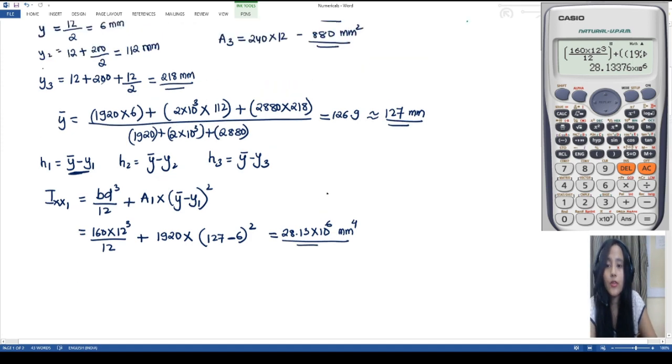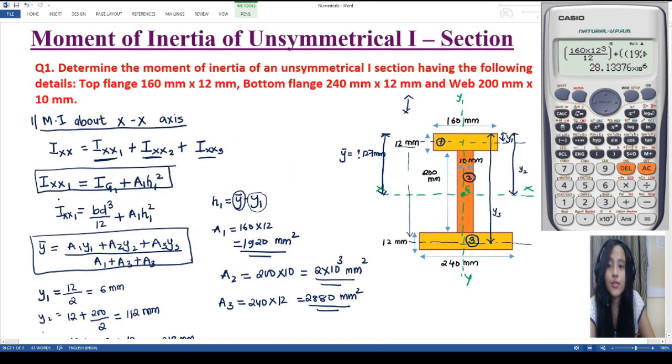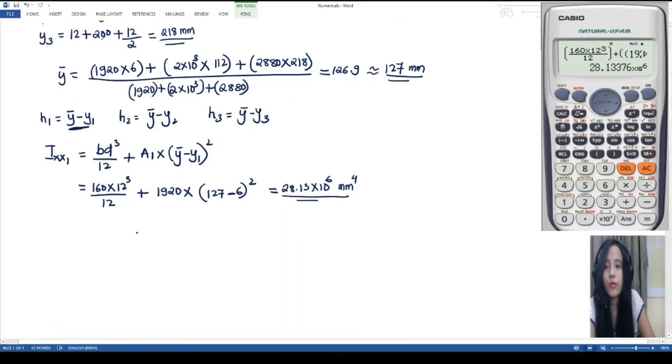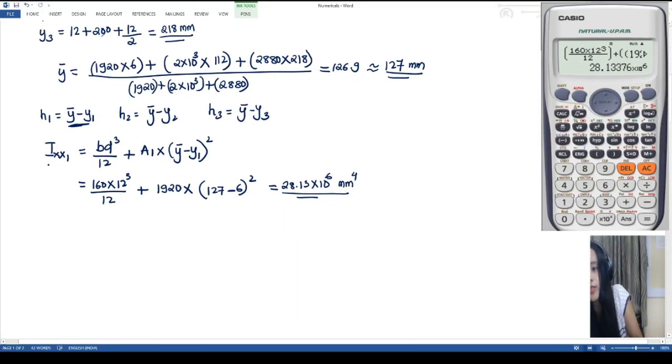Similarly, I want to find Ixx2 also. This Ixx2 will be for this orange portion here, which is my web portion. For this web portion, Ixx2 also I need to use the parallel axis theorem.